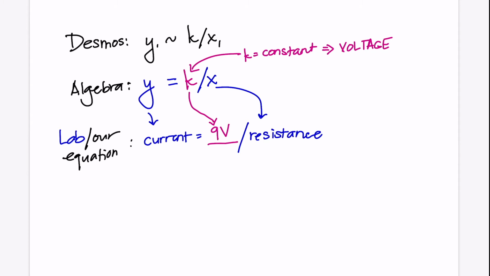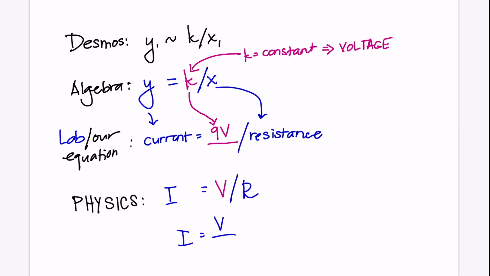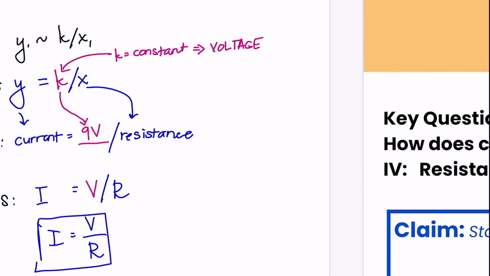So then this translates into our physics equation. That would be current is equal to voltage divided by resistance, or I is equal to V over R. So this would be our equation that we come up with based on the information that was given to us.